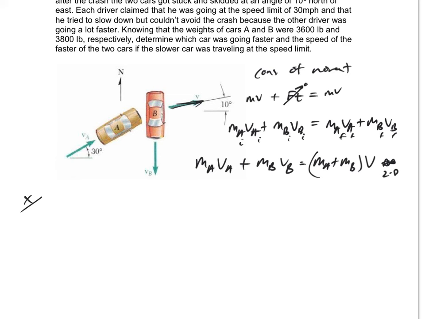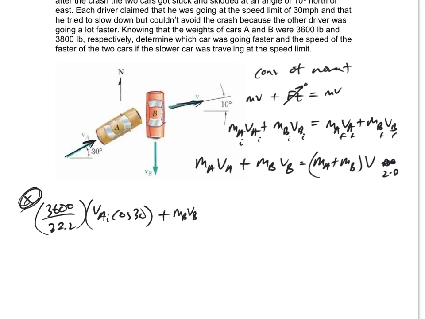So the mass of A would be 3,600 divided by 32.2 times the velocity of A. So velocity of A initial, I don't know it, but I know that the x component of velocity of A would be cosine 30. And the mass B, velocity of B in the x direction, B is not traveling in the x direction. So initially, it has no velocity in the x. It has no momentum in the x.